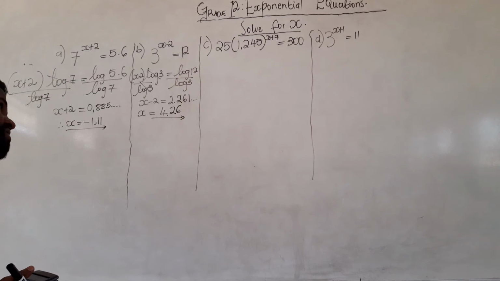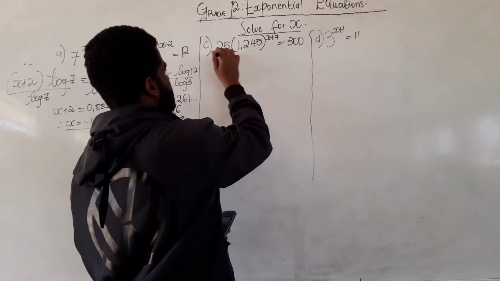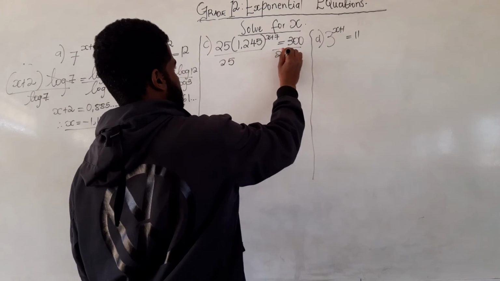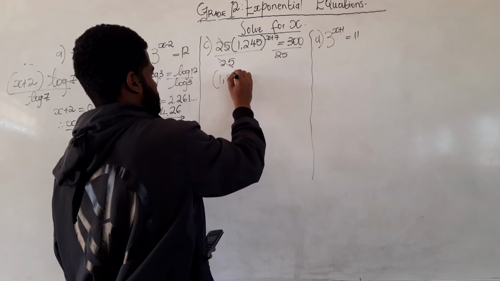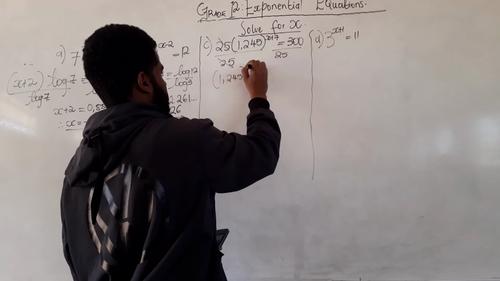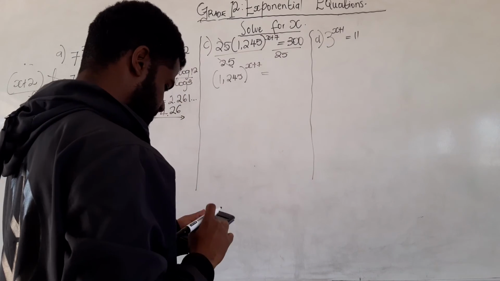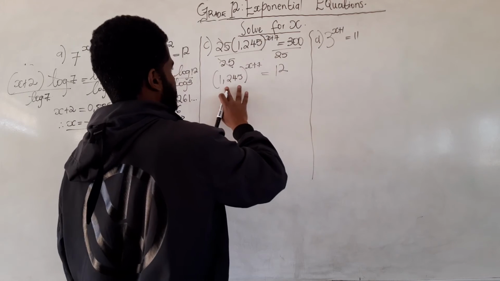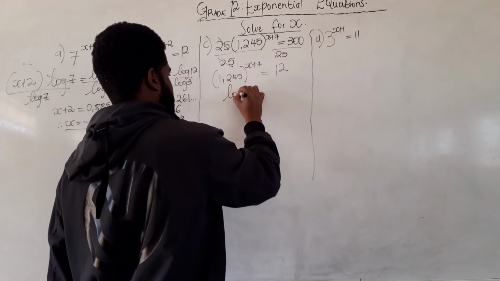Let us do our third question: 25 into 1,245 to the power x plus 7 is equal to 300. We are going to divide both sides by 25, and this cancels out this one, and then you are left with 1,245 to the power x plus 7 is equal to 300 divided by 25, which is 12. And then we log both sides so that our x plus 7 becomes the coefficient.